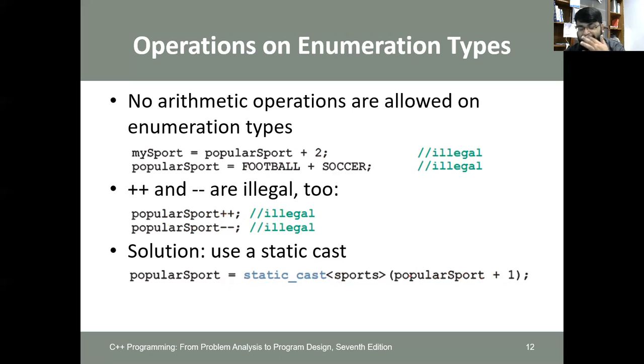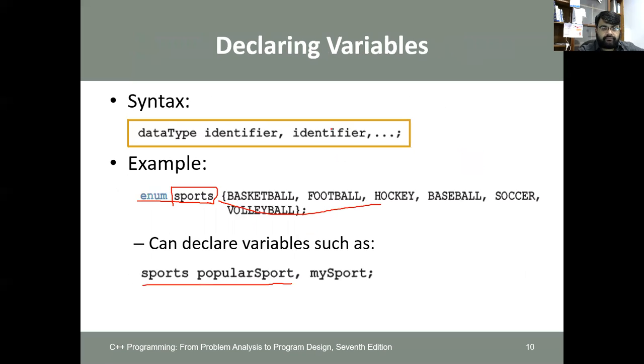So this one actually adds something, but it does not allow you to store it directly. The addition operator is working. Whatever is popular sport, you add the value to it, so you get the next values. For example, if it is football in the previous step and you add 2 to it, you get baseball, right?